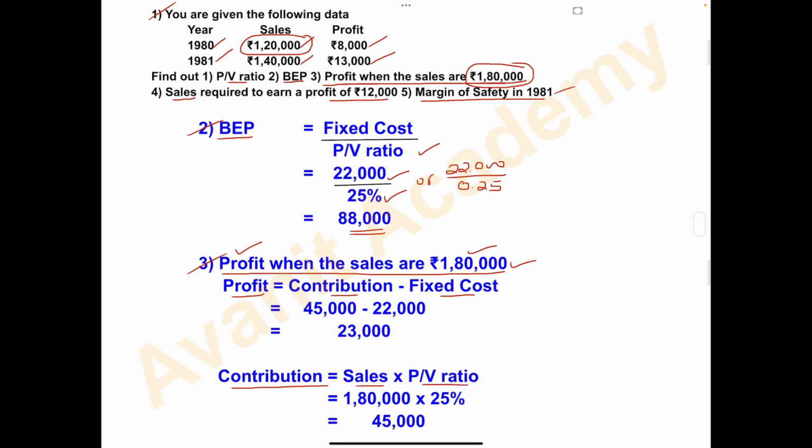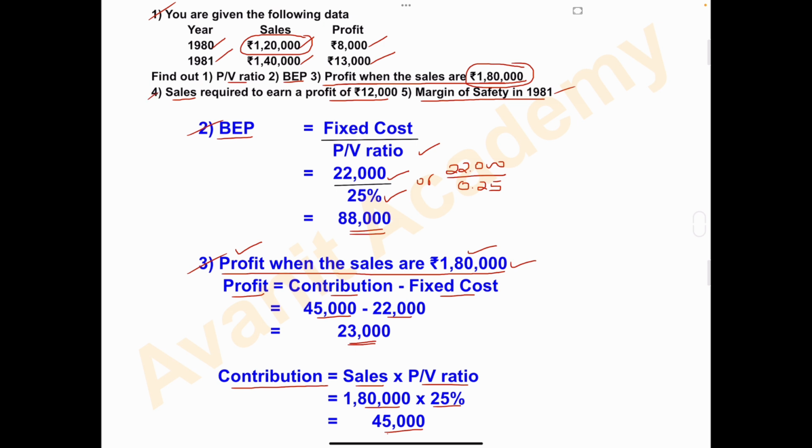Sales amount is 1,80,000 into PV ratio 25%, that is 45,000. Contribution is 45,000 minus fixed cost. Fixed cost is the same, that is 22,000. You get 23,000. This is the profit when the sales are rupees 1,80,000.